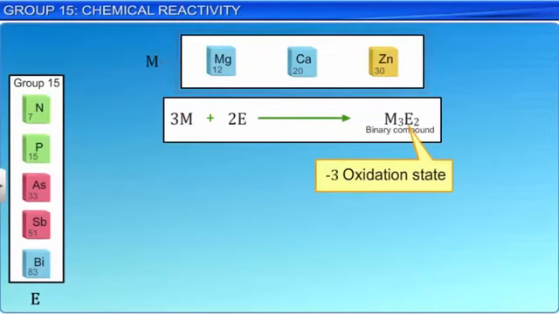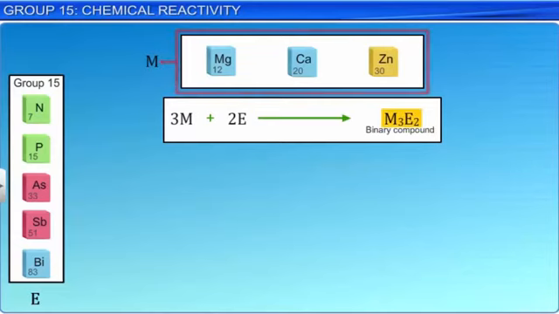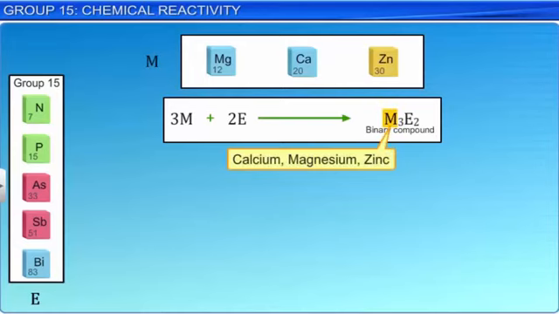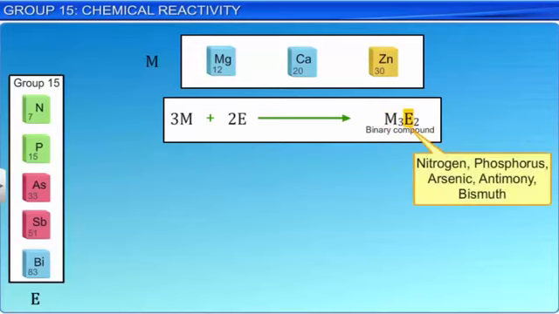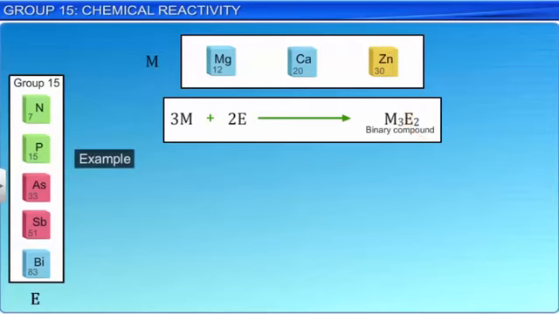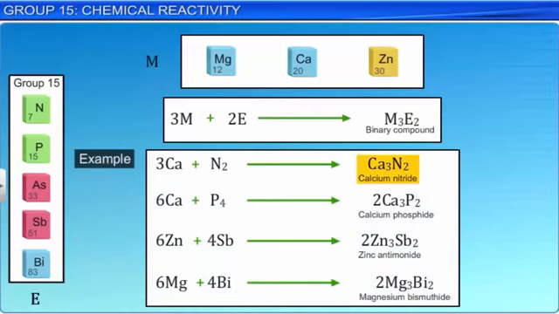Here, M stands for metals such as calcium, magnesium or zinc, while E stands for an element of group 15. For example, calcium nitride, calcium phosphide, zinc antimonide, and magnesium bismuthide.